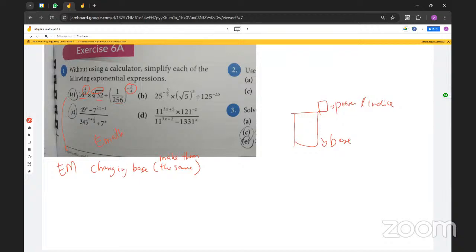Okay, then do you have a decision? Make all the base into 16, 32, 256, or something else? Something else. Your choice. What could that something else be?